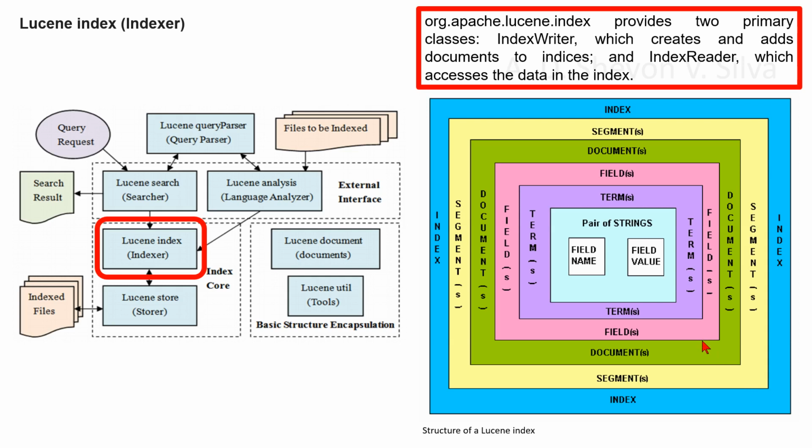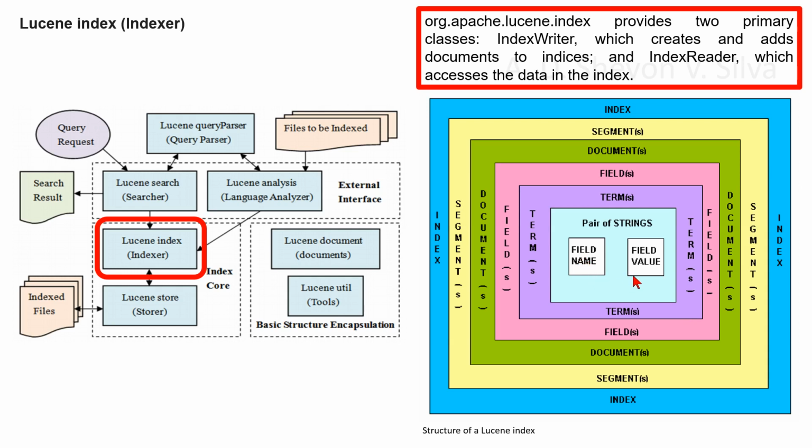In a Lucene index, every index consists of one or more segments. Each segment contains one or more documents. Each document has one or more fields, and each field contains one or more terms. Each term is a pair of strings representing a field name and a value.